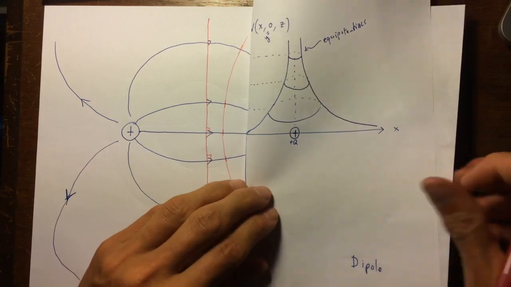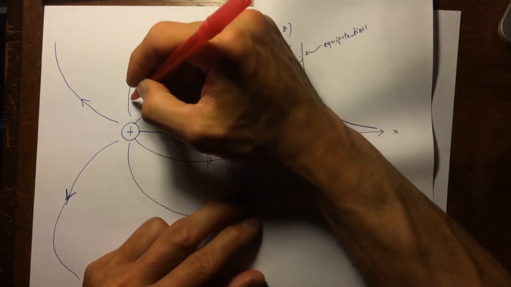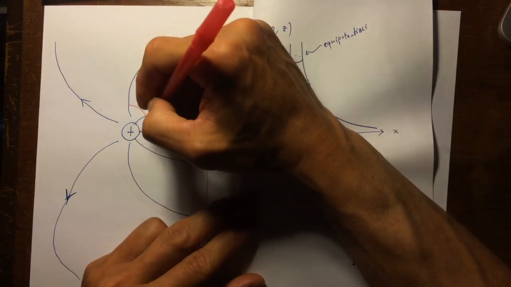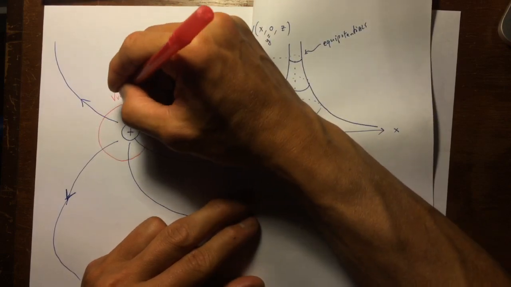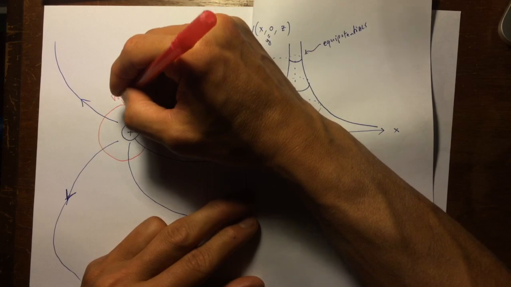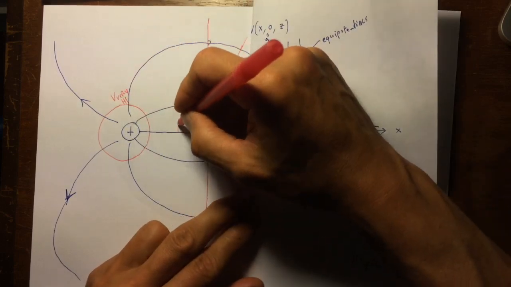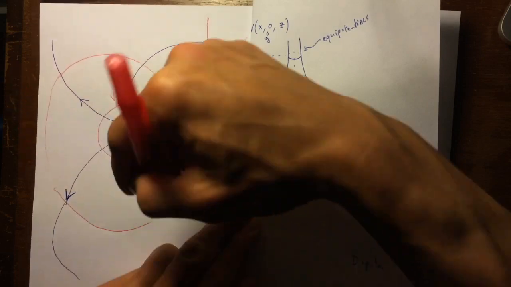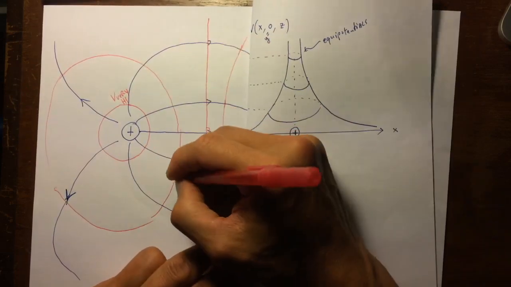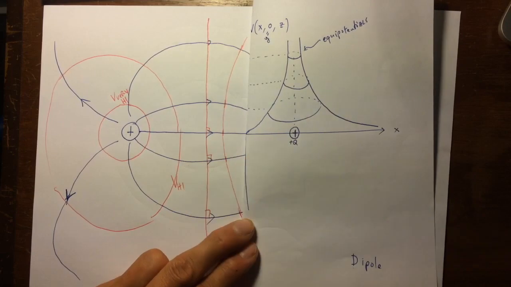And then if I go over to the positive side, then this is, for example, a very high potential surface, V very high. And then here is an equipotential surface that is V just sort of high.